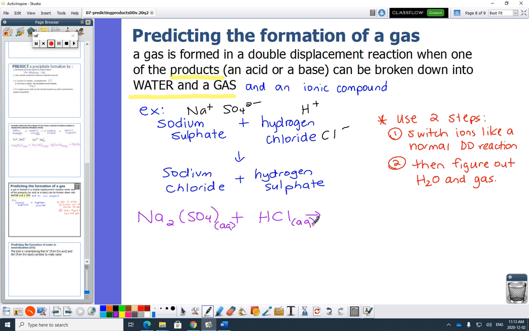And then when you switch the partners, you're going to get NaCl, which is table salt. And maybe from your own experience, yes, table salt dissolves in water, right? But we also just looked it up. Sodium is always going to be soluble.